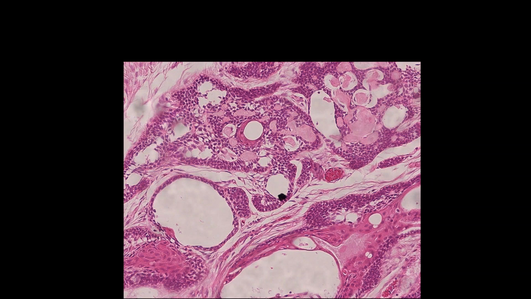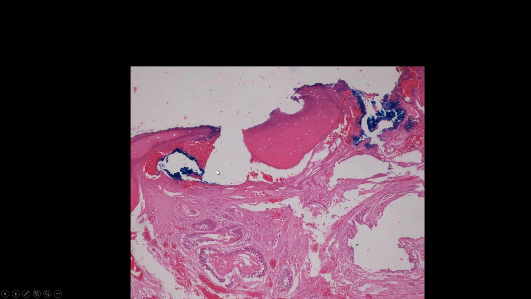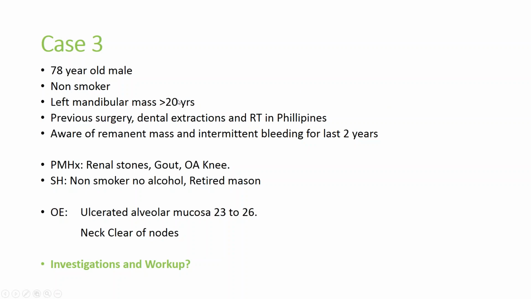This is the lingual cortex, also showing that the tumour extends. It doesn't project very well, but the tumour extends right up to the inked margin and punching through that lingual cortex also. So quite extensively destructive.